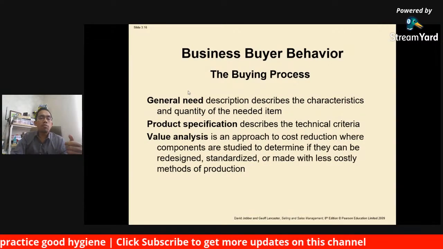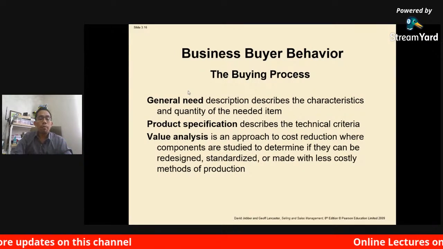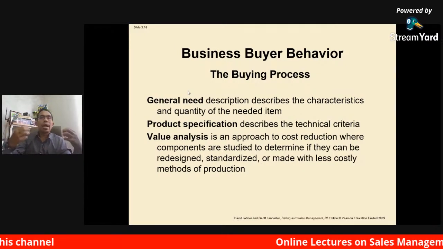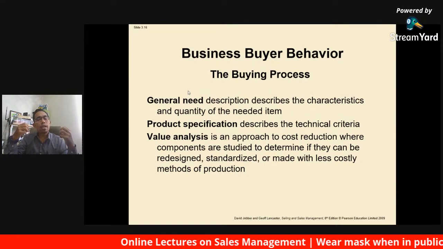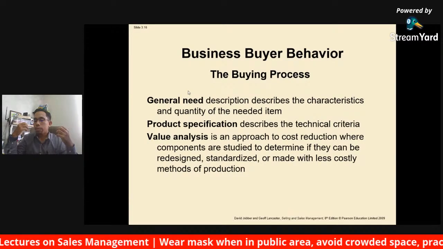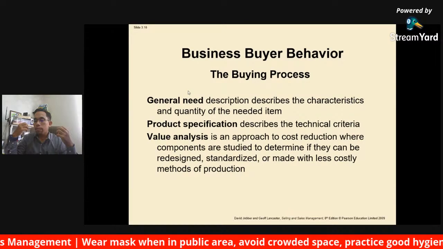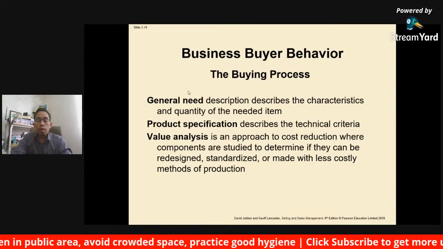Someone who is an expert in finance will talk about the financial perspective. So many ideas and opinions make the decision worthwhile and minimize mistakes or errors from occurring.